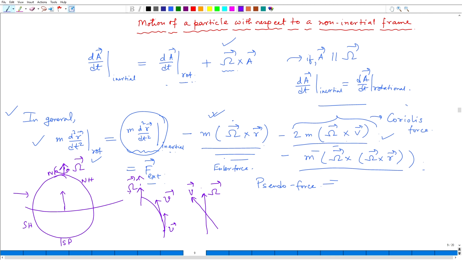Okay. Now, you just have to calculate omega cross v, and even if you do not calculate the whole thing, you just have to understand the direction. So, omega cross v with a minus sign is nothing but v cross omega.